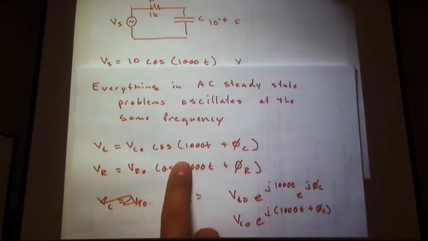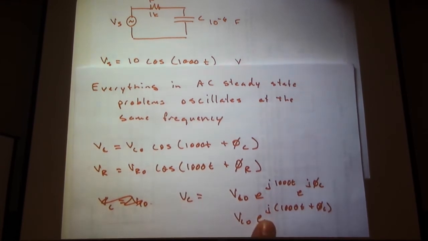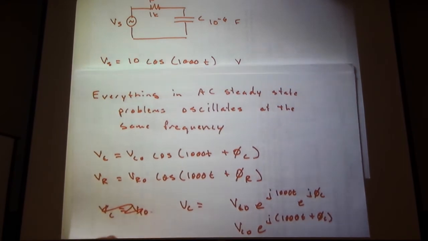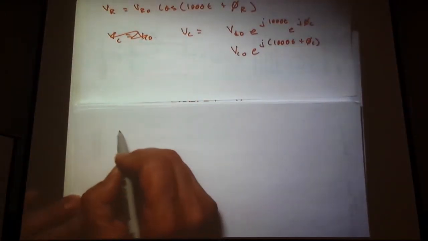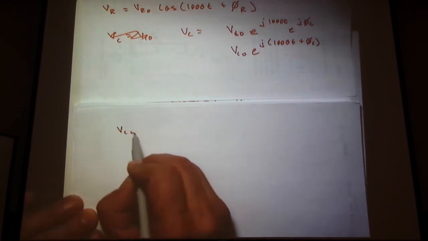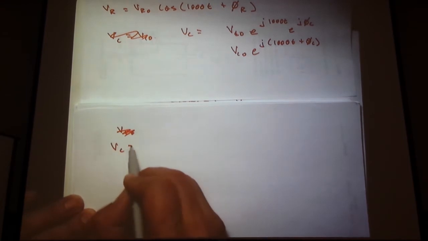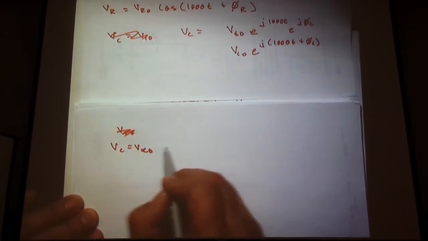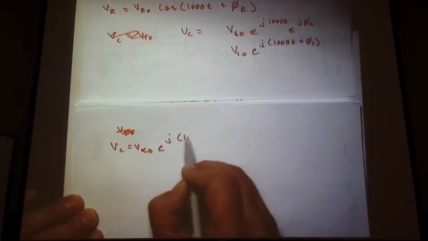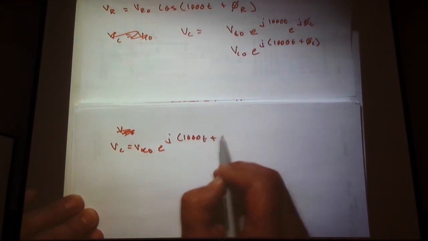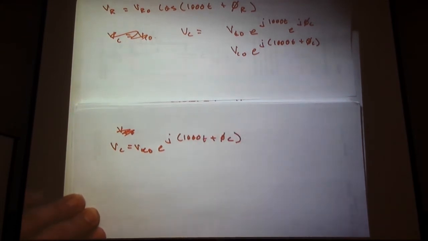Well, looking at this, what is this relative to this? So if we think about this with regard to Euler's law, we take that expression that we just wrote, VC equals VC naught e to the j 1,000t plus phi c. And we apply Euler's law, what do we get?